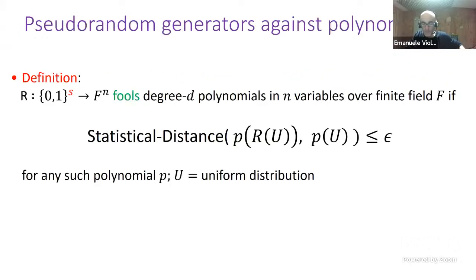I didn't define pseudorandom generators until now. I'm going to define them now, because we're going to have to play with the field size. So I want to make sure that everybody is on board with different fields.